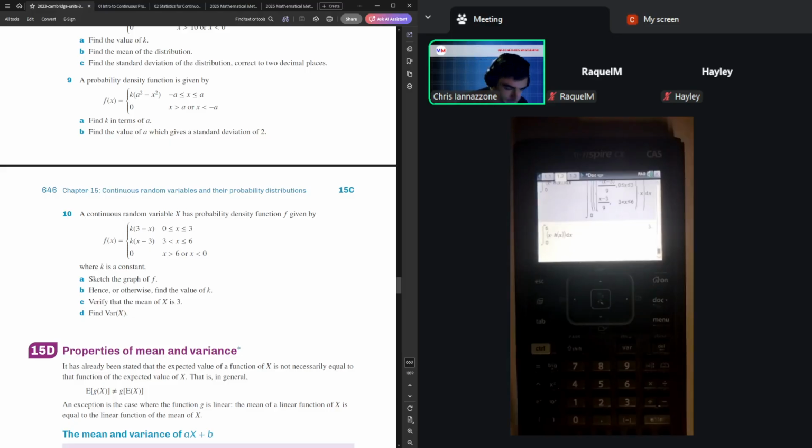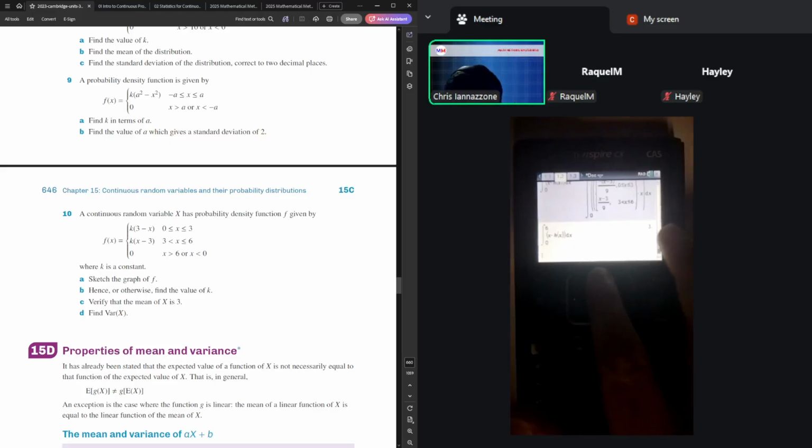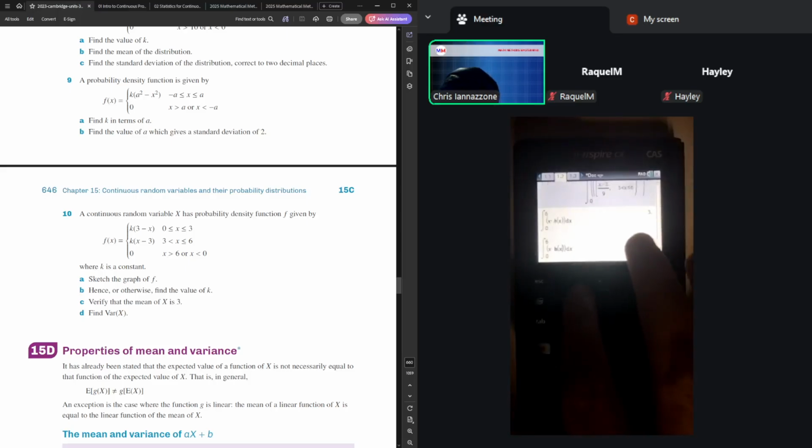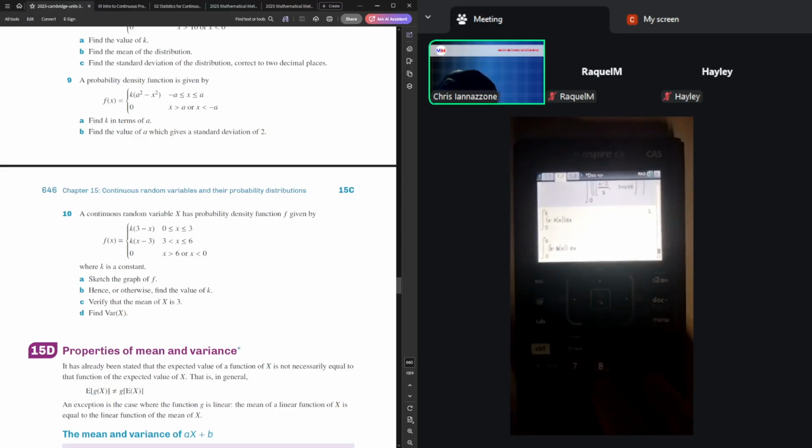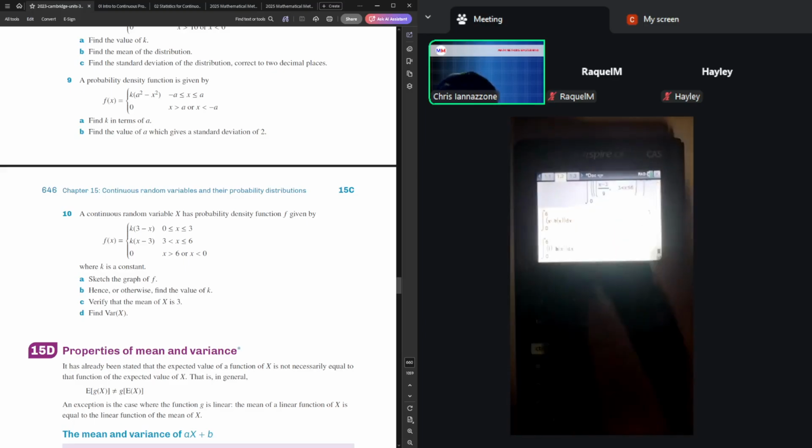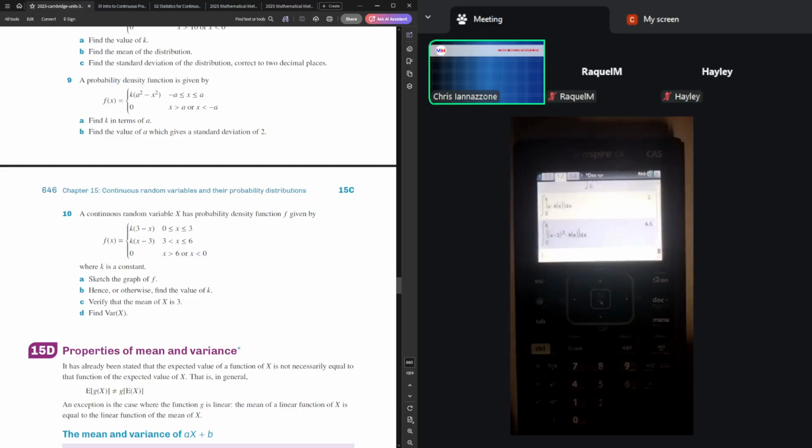We just got our 3. Find variance. So now that we have our mean, we can now do x minus the mean, all squared, times the function. X minus the mean of 3, all squared, times the function, 4.5. If you needed a standard deviation, you would just square root that value.